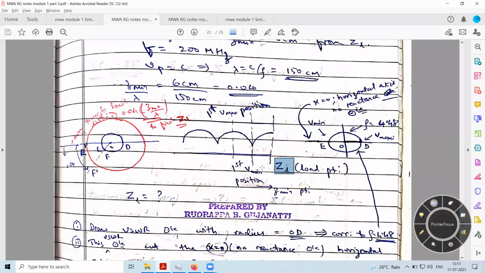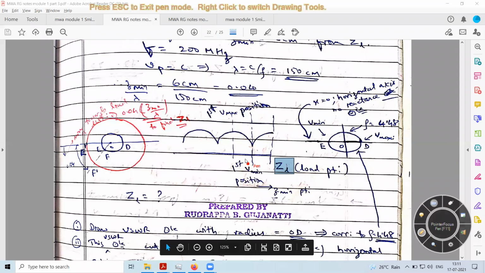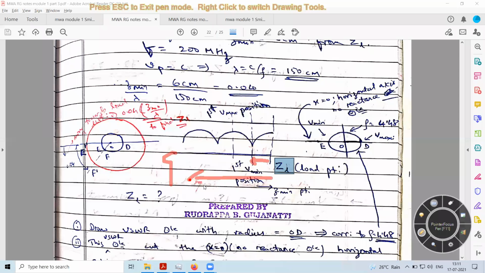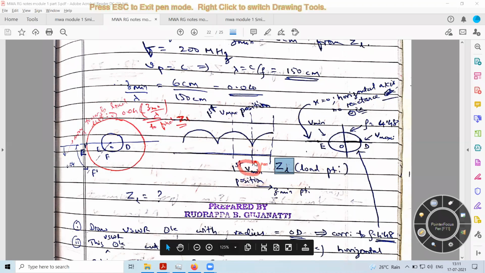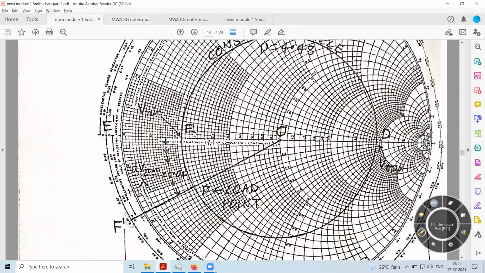I cannot traverse from the load point to the minima, from load to generator. But I know there is a voltage minima at 6 centimeters, and on the Smith chart voltage minima is located at point E.